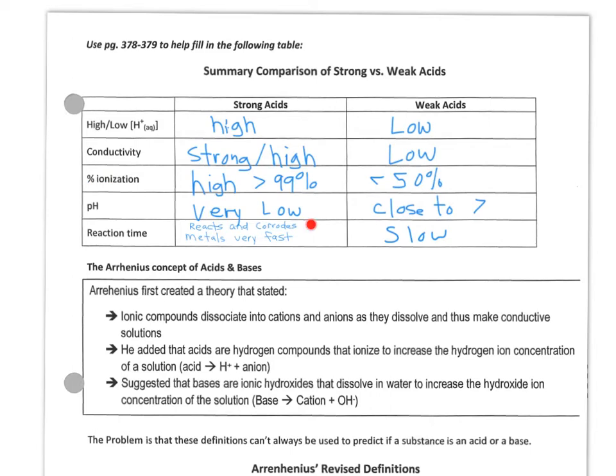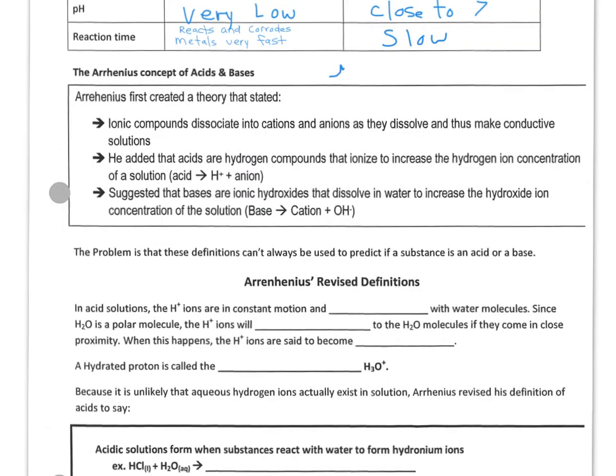Strong acids react very fast with metals and weak acids very slow. We'll also list a couple examples of both types of acids here. Some strong acids are HCl, which we have already talked about, sulfuric acid and nitric acid. Some weak acids are all our carbon-based acids, so bicarbonate and carbonic acid are examples.